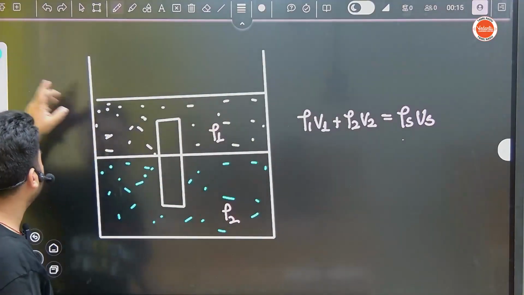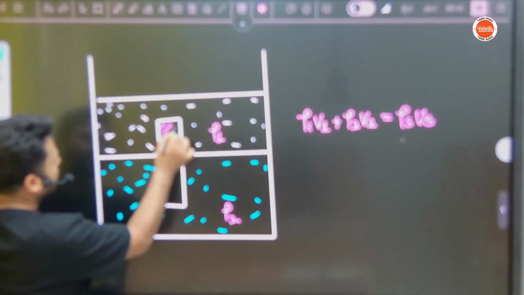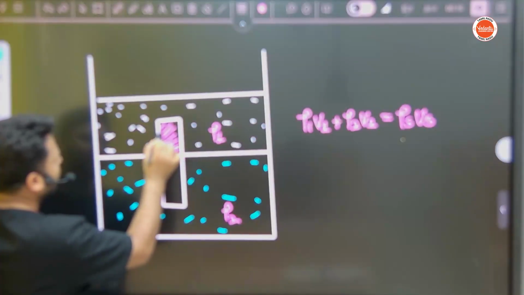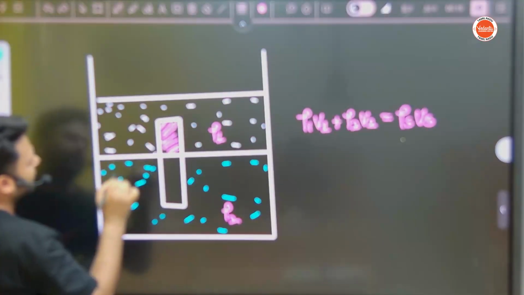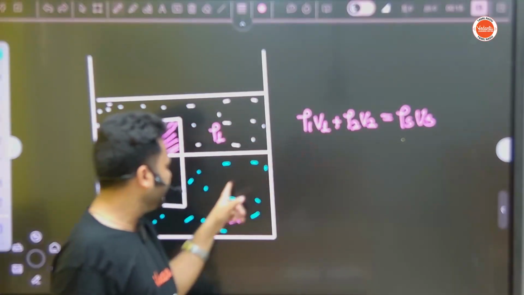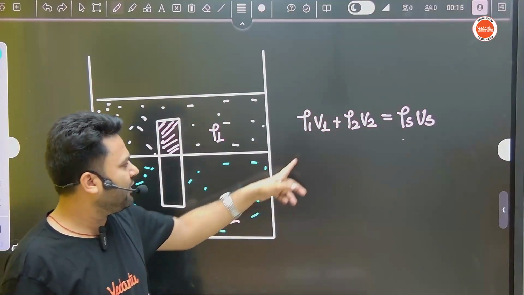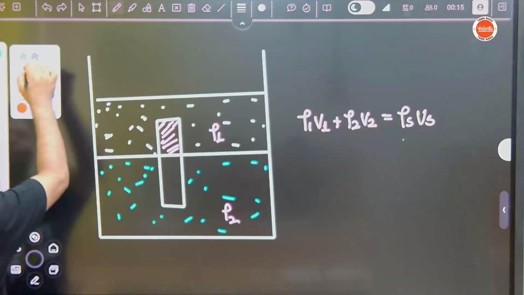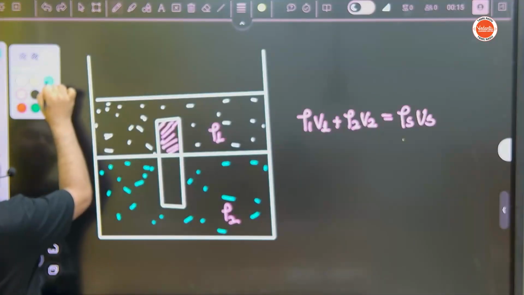V1 is that volume of the solid which is inside liquid 1. Then rho 2 is the density of liquid 2, and V2 is that volume of the solid which is inside liquid 2.